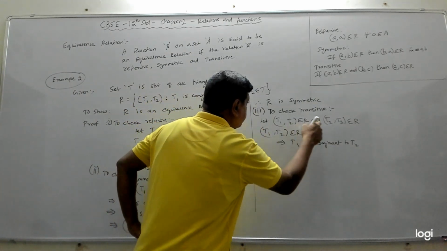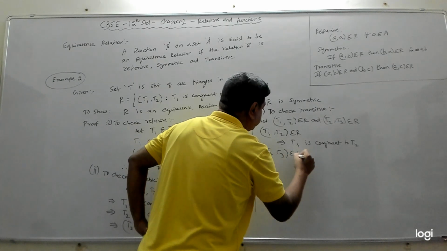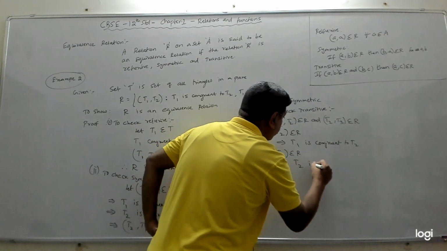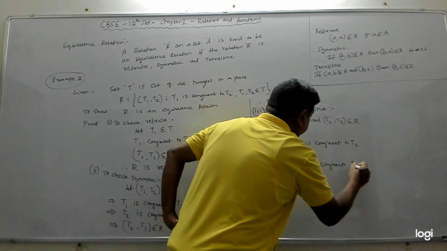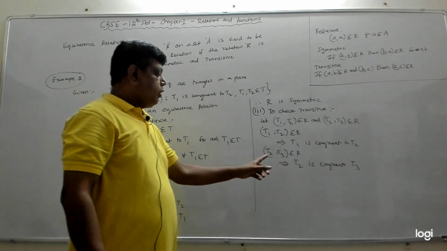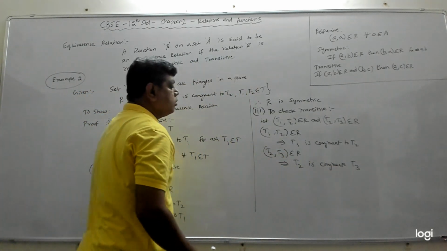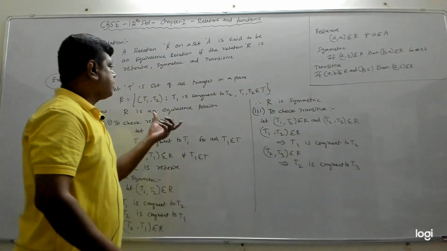Now similarly, (T2, T3) belongs to R. So this implies that T2 is congruent to T3. When I say (T2, T3) is in R, it means T2 is congruent to T3 as per this definition.